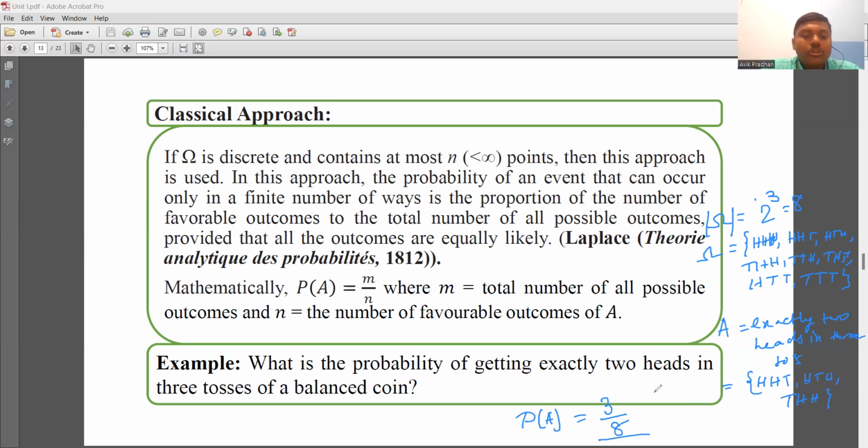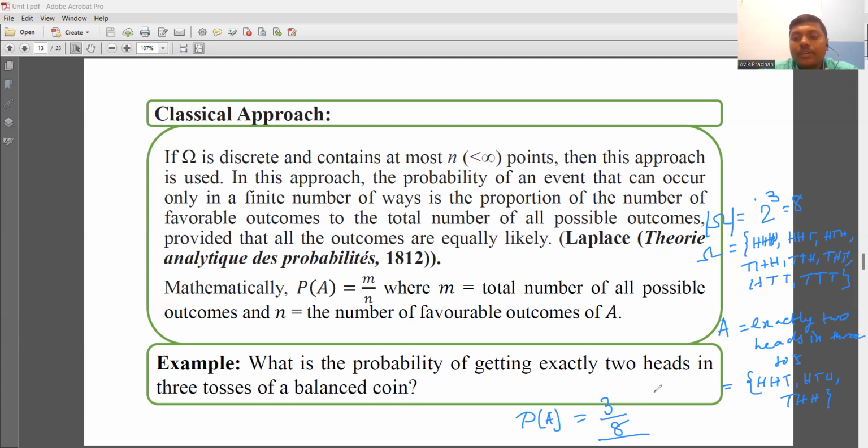Okay. So in gist, we can say if we have a finite number of outcomes for a certain random experiment, then we can assign the probability of an event as the number of favorable outcomes for the event divided by total number of outcomes. Here, one assumption is that all the outcomes for the experiment are equally likely.